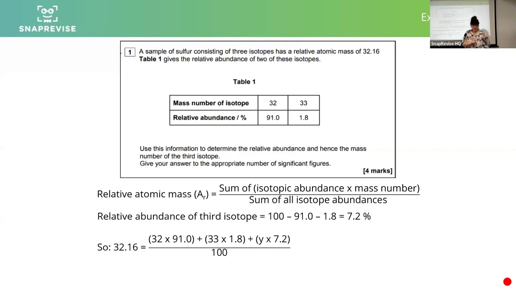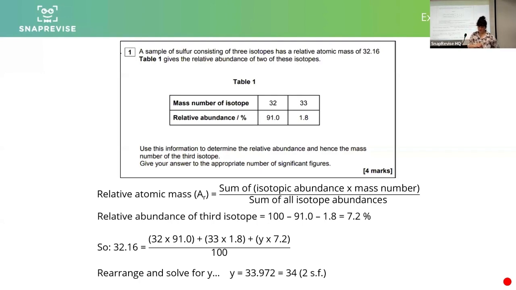So I would therefore get the relative atomic mass of 32.16 must be equal to, with all the numbers I've got input, the number I'm missing is Y, my missing isotopic abundance, divided by 100. So Y, the relative abundance, must be 33.972, which is 34 to 2 significant figures.